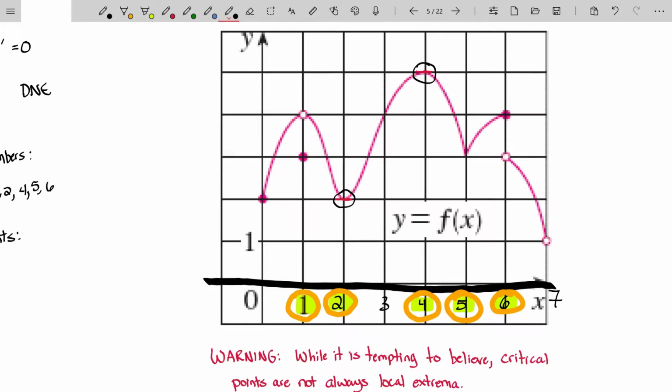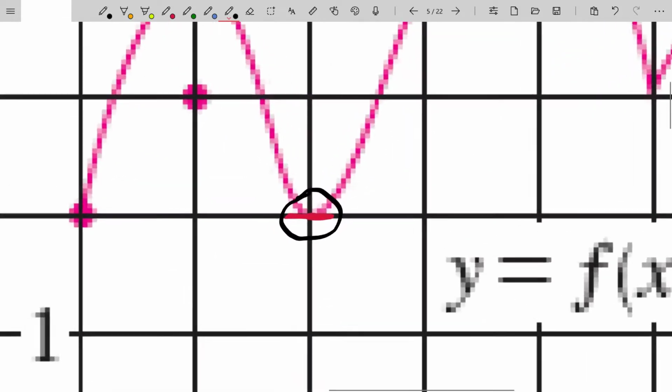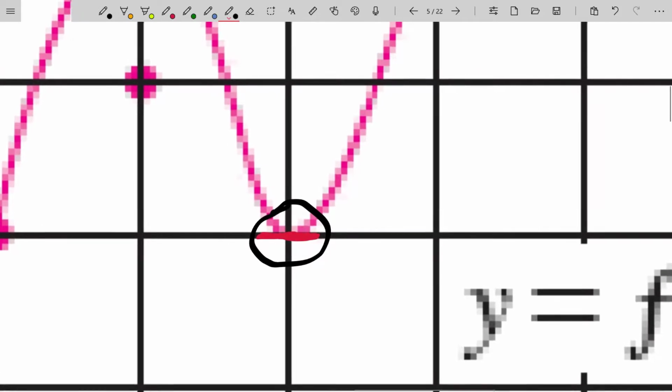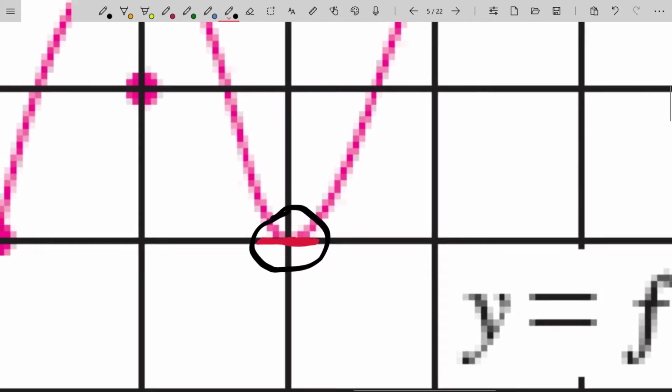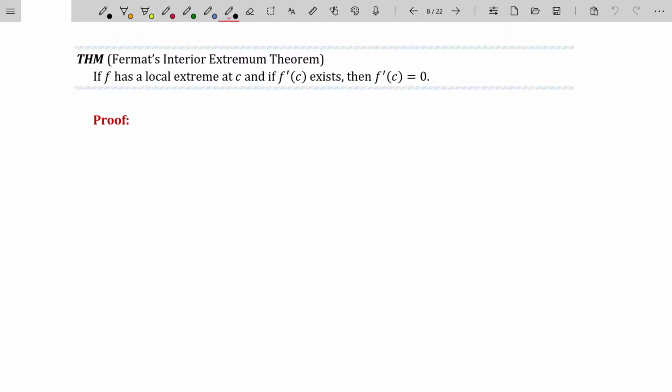Now notice that's only covering 2 cases, right? So there are other local extremes here, but if you have a local extreme and the derivative exists at that local extreme, then the derivative must be 0. The curve must have flattened out momentarily to give you that local extreme. And as I said, I have a video on the proof of this. I'll sneak it in after this or something like that.